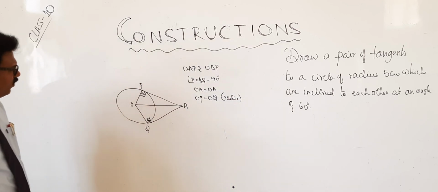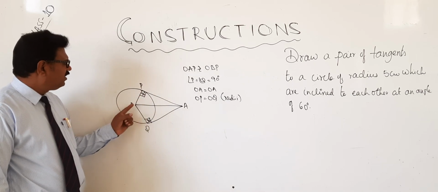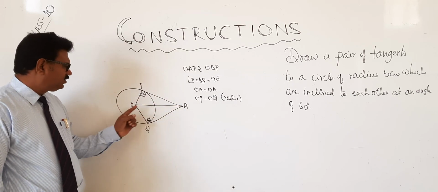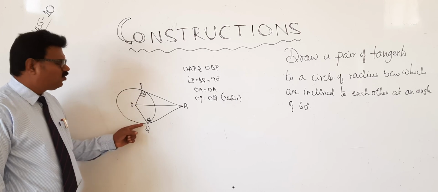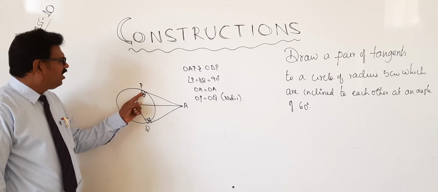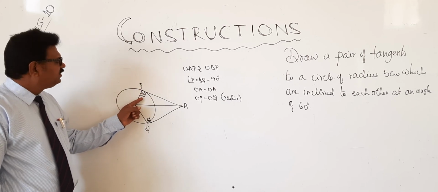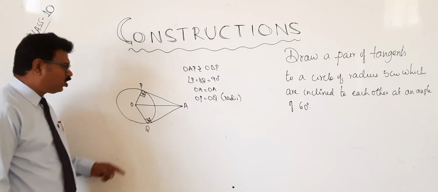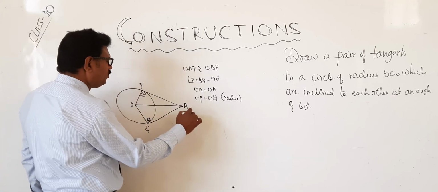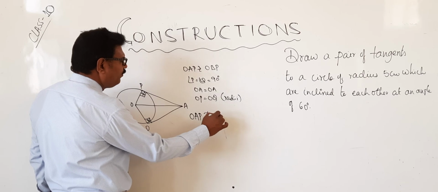By RHS condition, that is right angle, hypotenuse and any side, these two triangles become congruent. That means OAP is congruent to OBP.